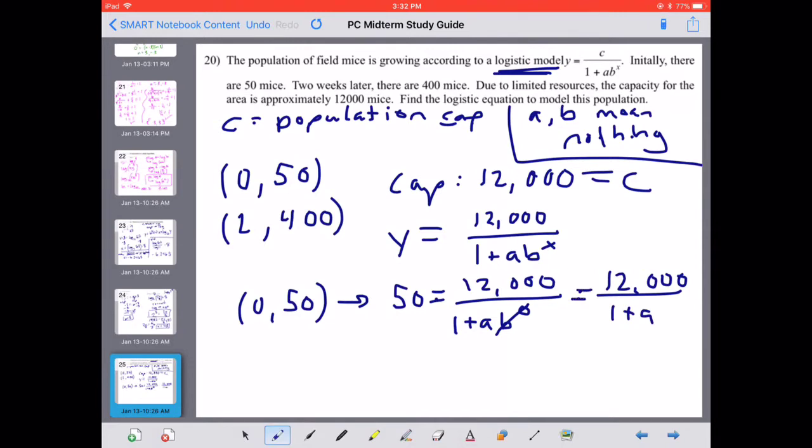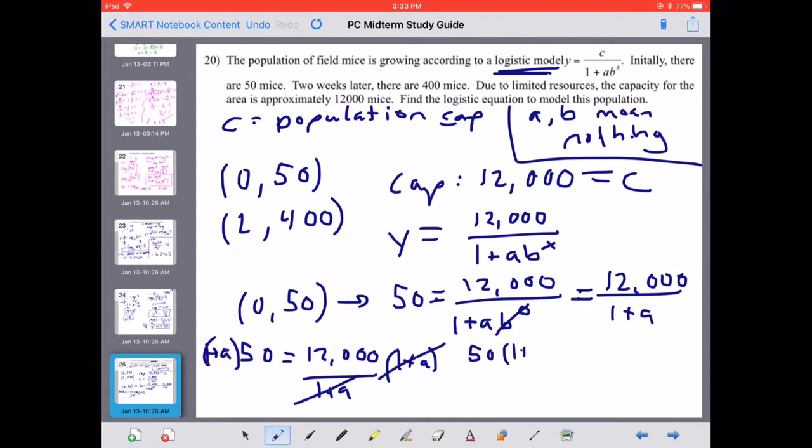So when we try to solve for this, let me rewrite this so it's not so confusing. We want to get that stuff out of the denominator. So first we'll multiply both sides by our denominator. Alright, so then we'll get 50 times 1 plus a equals 12,000, and then we can divide both sides by 50.